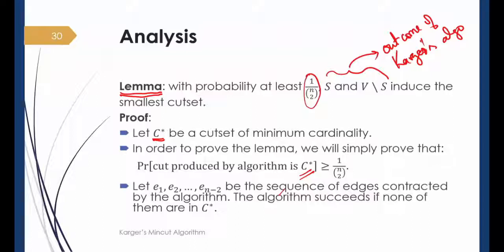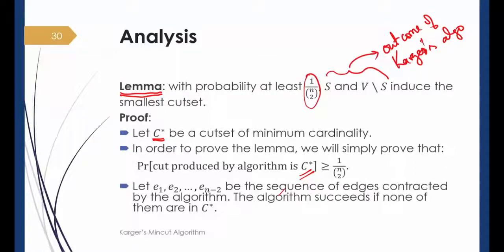Now, if there are other cut sets, naturally the probability with which the algorithm will find one such minimum cut set is only going to be increased. So, we are being conservative in our claim here. Now let's proceed with proving this claim.